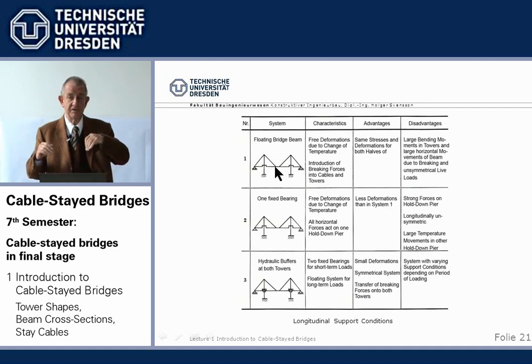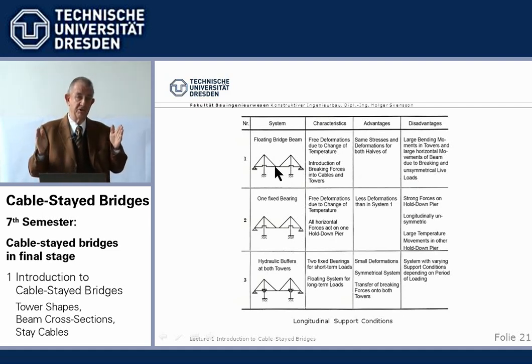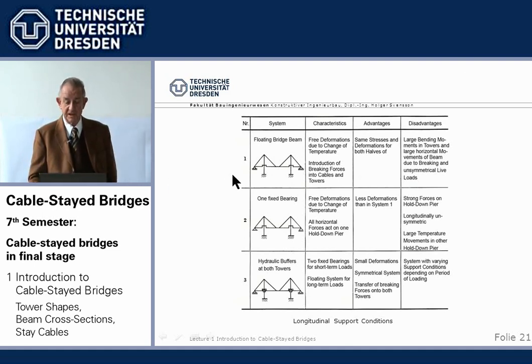Only we have to take care that if we fix it, the temperature movement of the beam will bend the towers outwards, and that may give them too many moments. So it's a complex system where we have various possibilities. For short bridges, we like to hang them here. If they are not too high, we like to fix them to one tower.